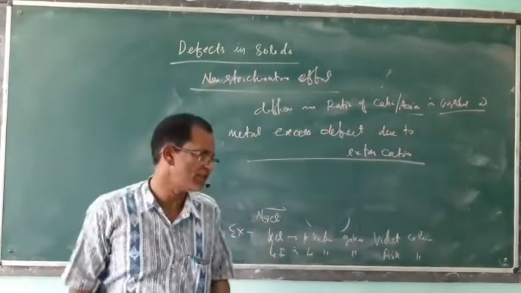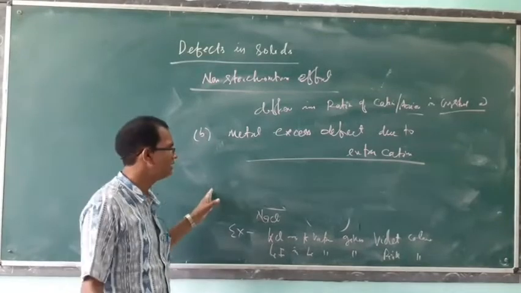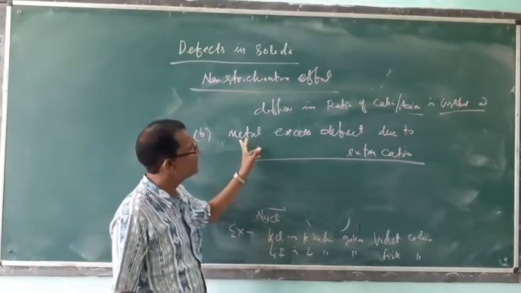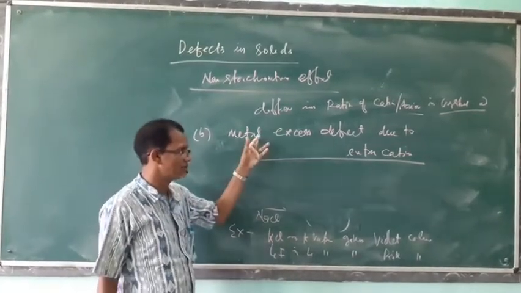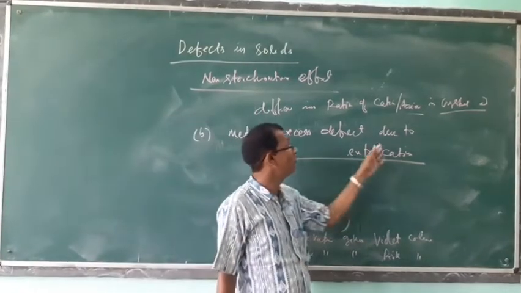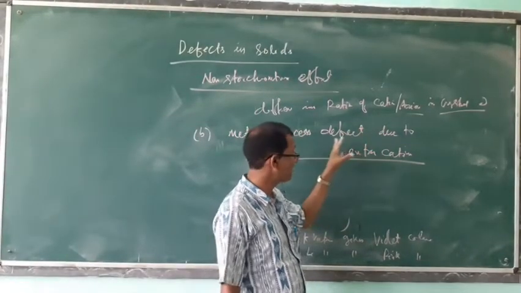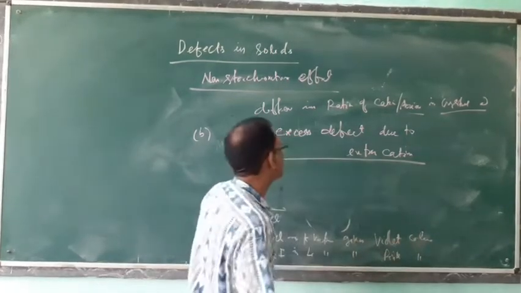Mainly we have to see what the irregularity is. Here the irregularity is an excess of metal cations. From where? Due to some extra cations. How is it formed?